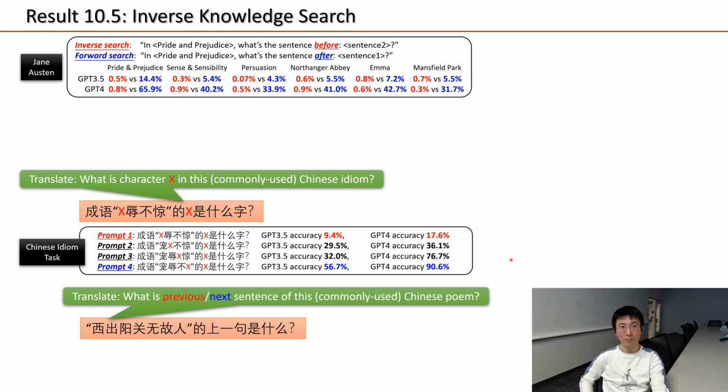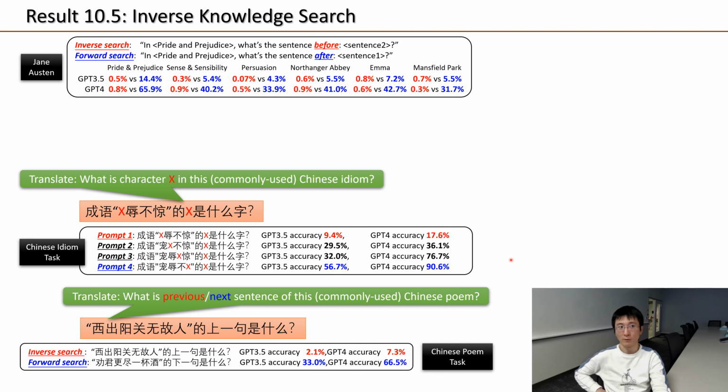And once again, many humans can do this inverse knowledge search, or at least many Chinese speakers among my friend circle, but GPT-4 is not capable of doing that. We tested that GPT-4 only has 7% accuracy of saying what is the first missing sentence, compared to what is the second missing sentence, in which GPT-4 has more than 66% accuracy.